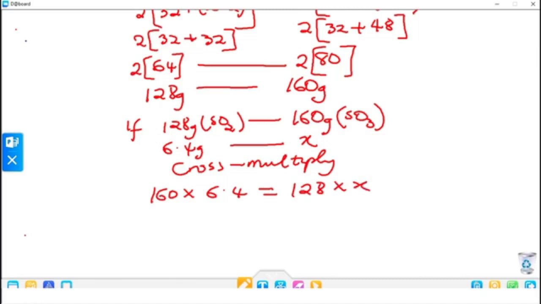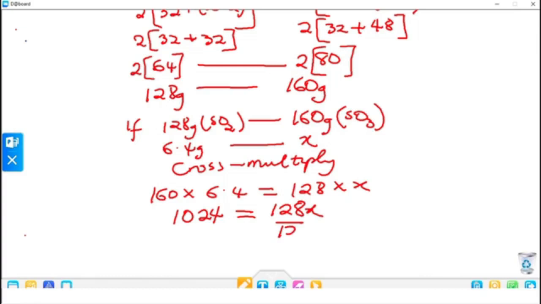So 160 times 6.4 is 1024, which is equal to 128 times X, giving us 128X. So to find X, we divide both sides by 128.